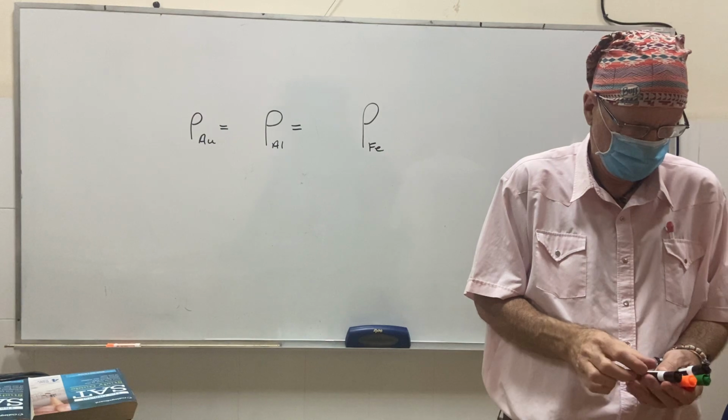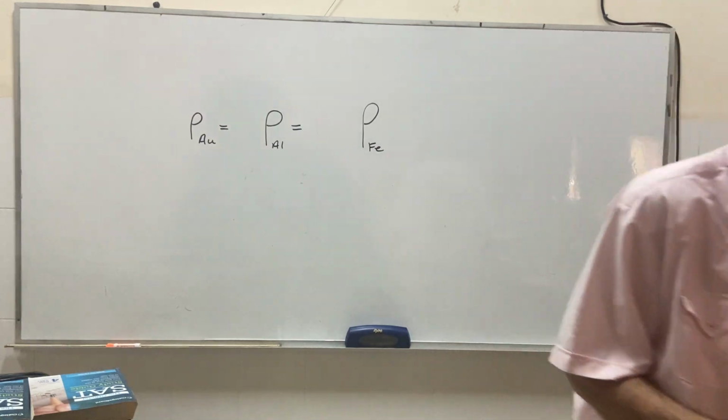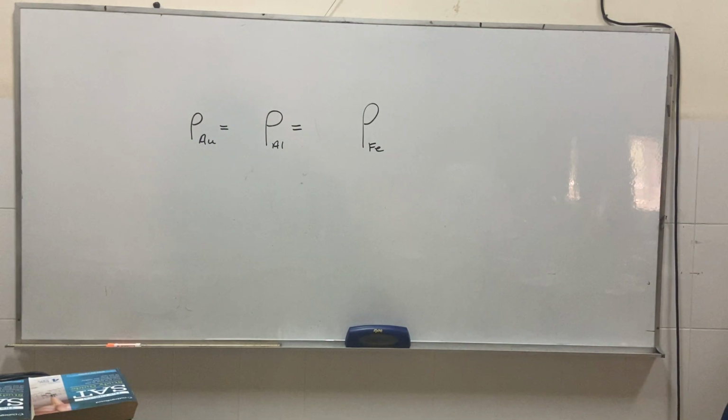Okay, take your time, hurry up, take your time. Just say density of gold, that's all. I want to see all three, but just give me gold. What do you got? I just want a relative number.